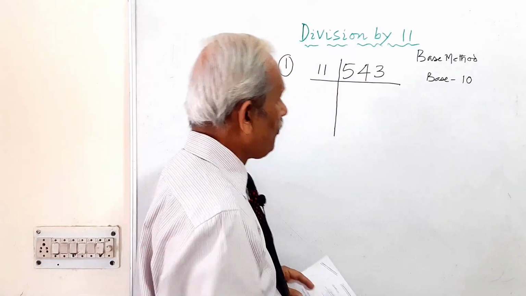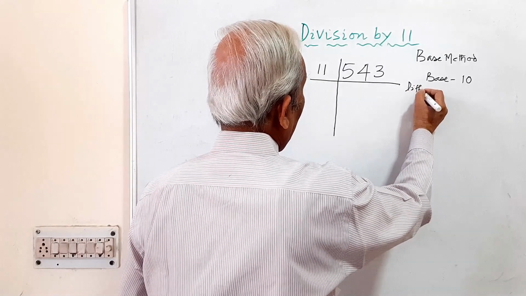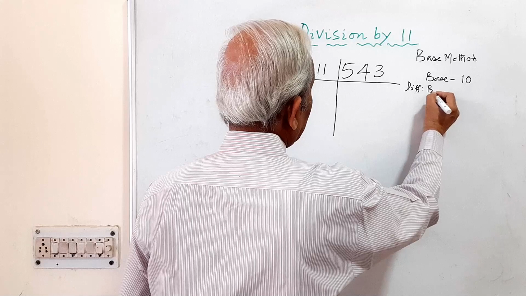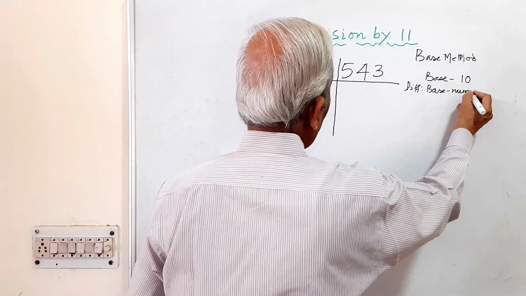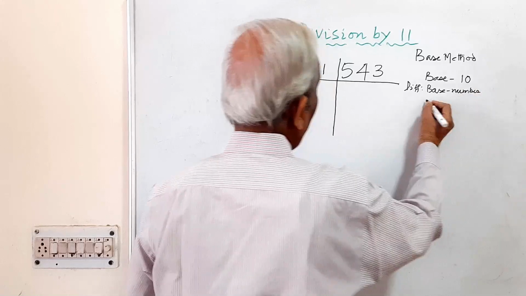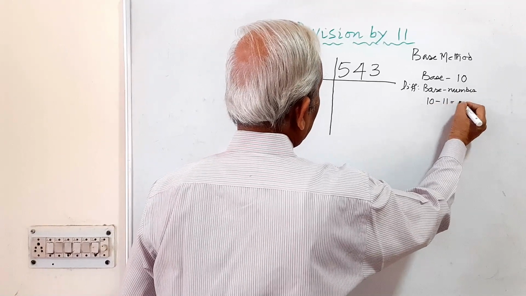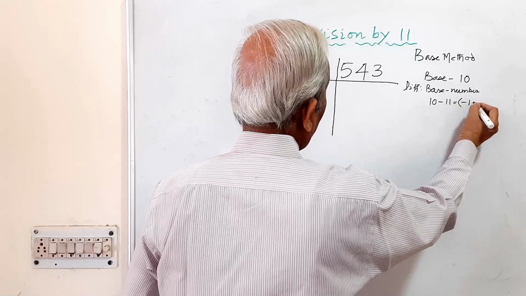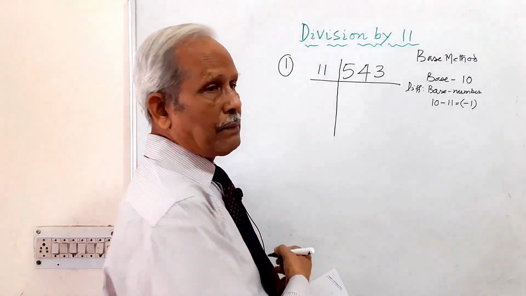I'll write it again. Difference is base minus number. Here base is 10, number is 11, so the difference is minus 1. Okay, remember it. Difference is minus 1.